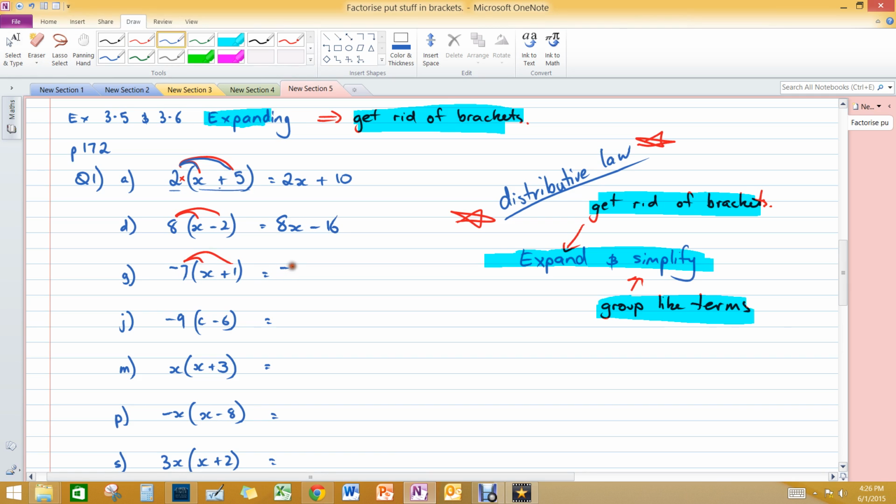Negative 7 times x is going to be negative 7x, and negative 7 times positive 1 is going to be negative 7. Negative 9 times c is negative 9c. Negative 9 times negative 6 is positive 54.